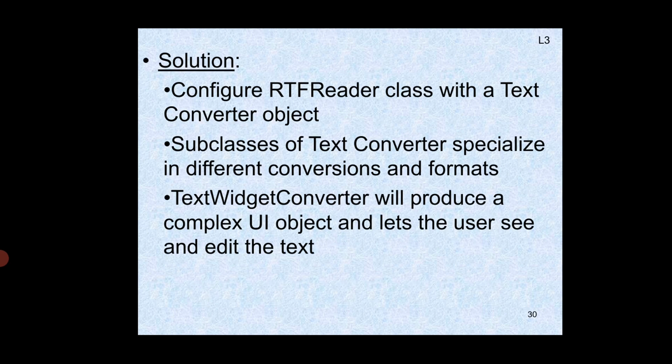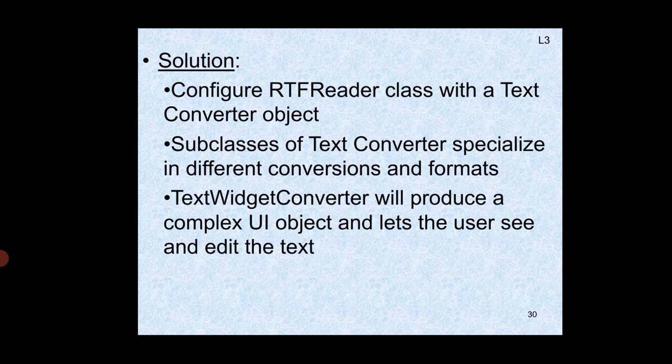Coming to the solution, the solution is to configure the rich text format reader class with a text converter object that converts RTF to another textual representation. As the RTF reader parses the RTF document, a file document, it uses the text converter to perform the conversions.